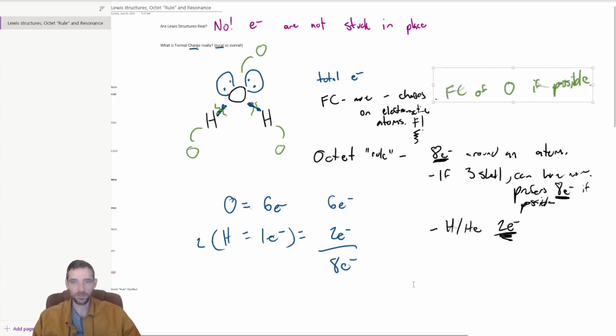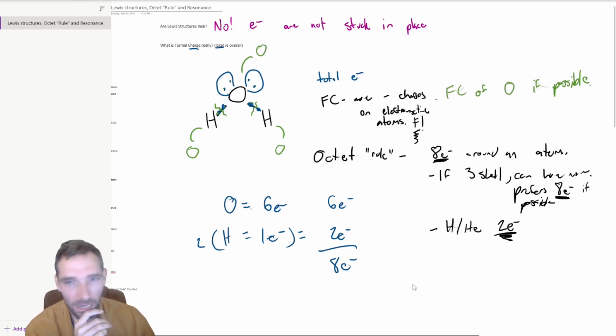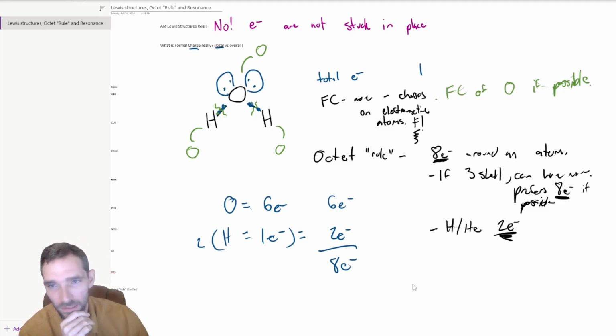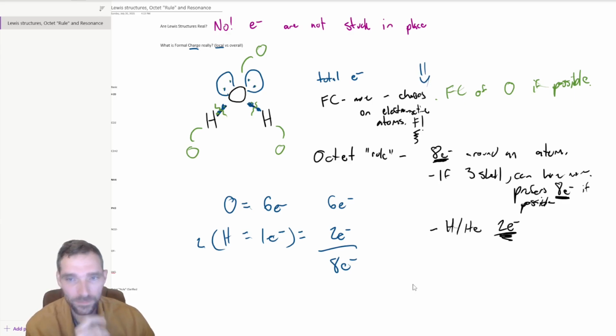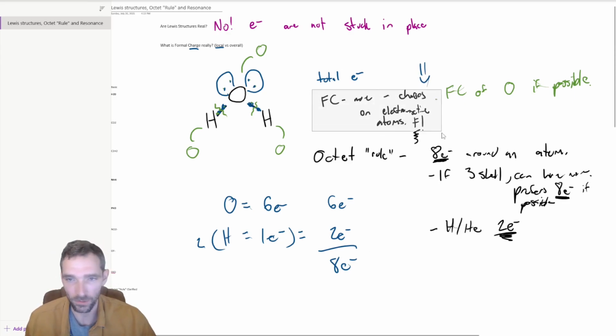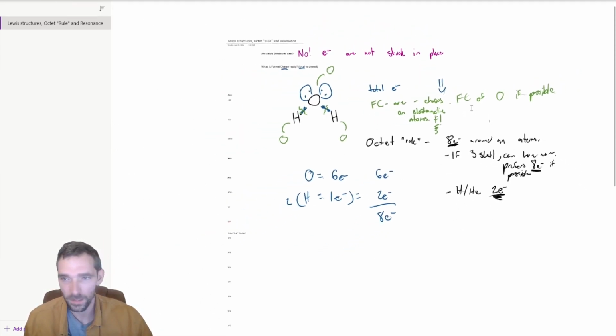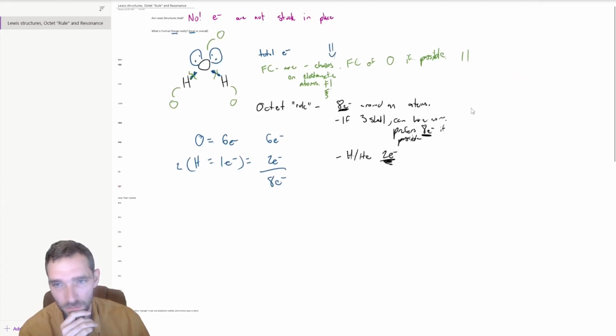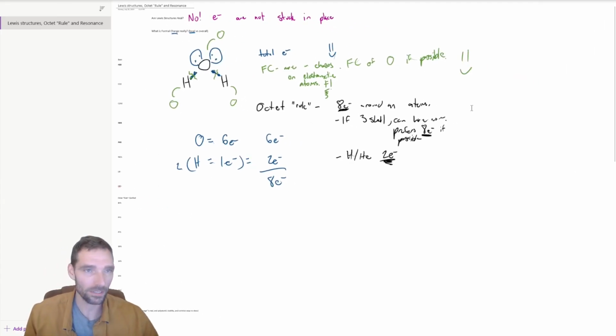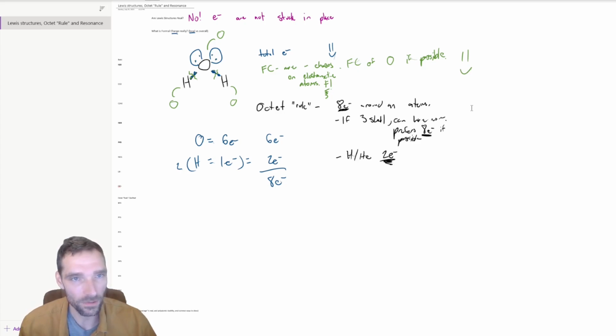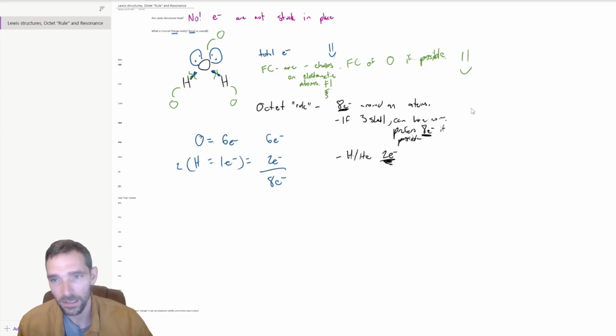So water right now, it looks like how we've drawn it is good on the total number of electrons. If we look at the formal charge, it is also looking good. So I'm happy with its formal charge. I'm happy with the total number of electrons. And if we also look at the octet rule here, this is fantastic.